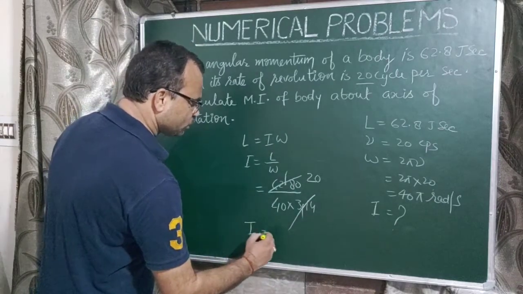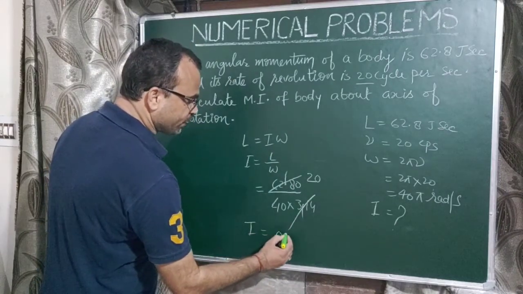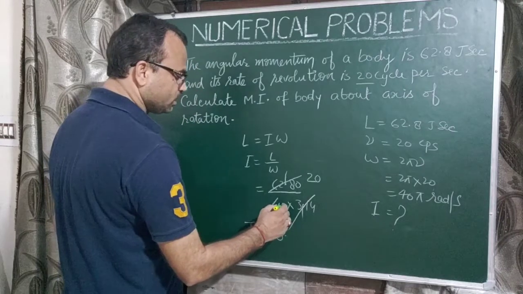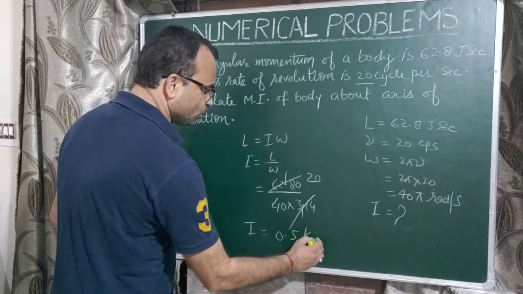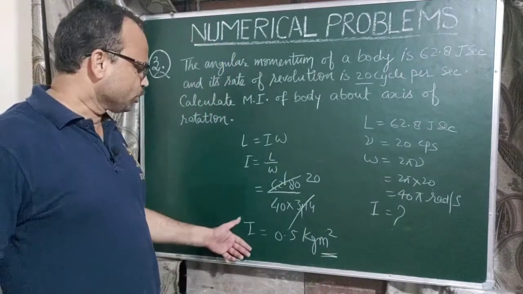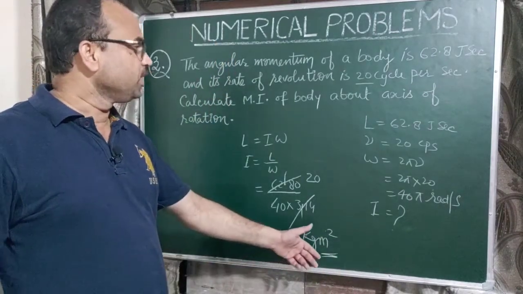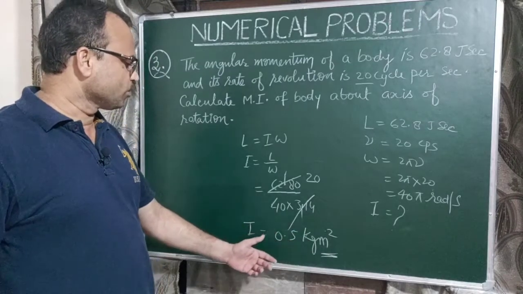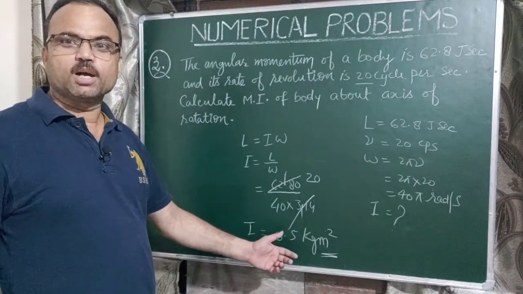So I equal to 20 upon 40, means 0.5 kilogram meter square. Okay, here I equal to 0.5 kilogram meter square, means the moment of inertia of the body is 0.5 kilogram meter square.